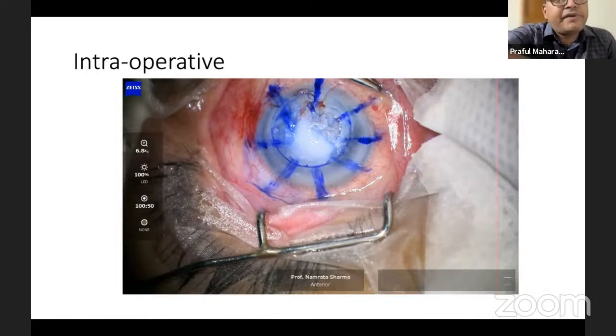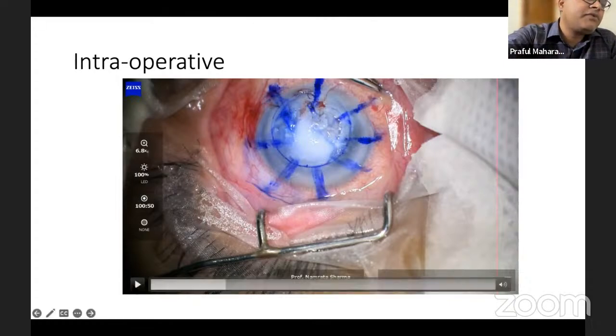Now, the problem with a manual trephine is that if you don't have enough expertise, you can go full thickness trephination. But if you have a vacuum trephine, if you remember the Hessburg-Barron trephine, for every full rotation it cuts a fixed depth, so if you know how much depth you are cutting, then you will avoid a full thickness cut through.